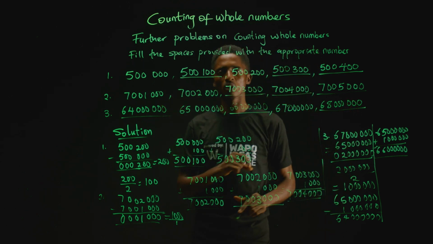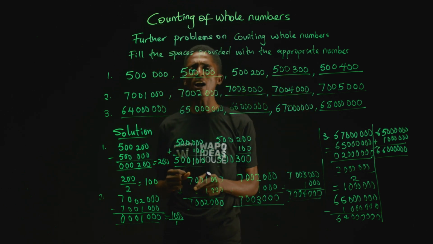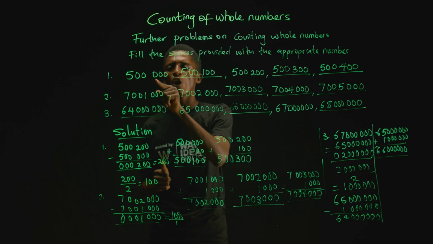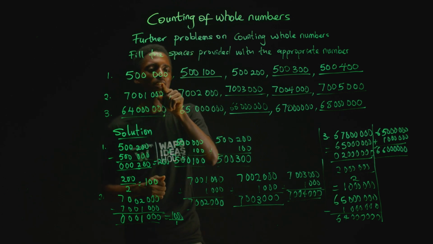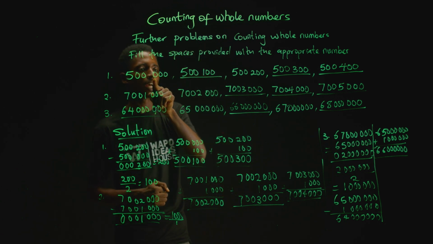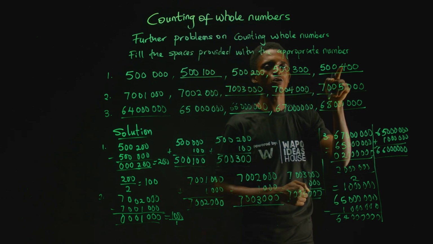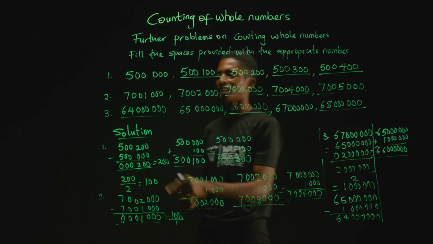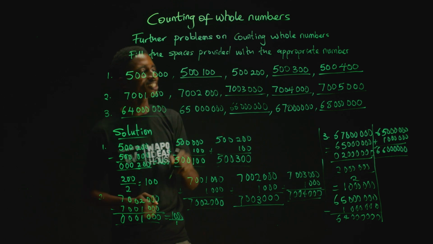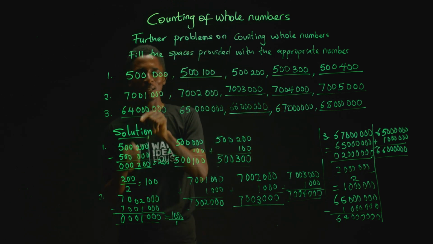Look at this one more time. The difference in the first case was 100. We find that the place value of the hundreds digit is increased by 1 as we go. That is why from 0 it moves to 1, to 2, to 3, and then to 4. In the second question, the digit that changed is the one in the thousands place value.